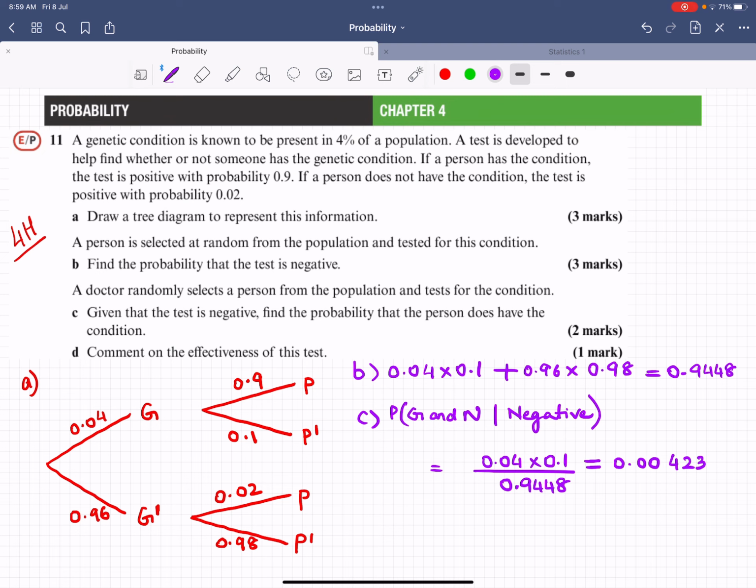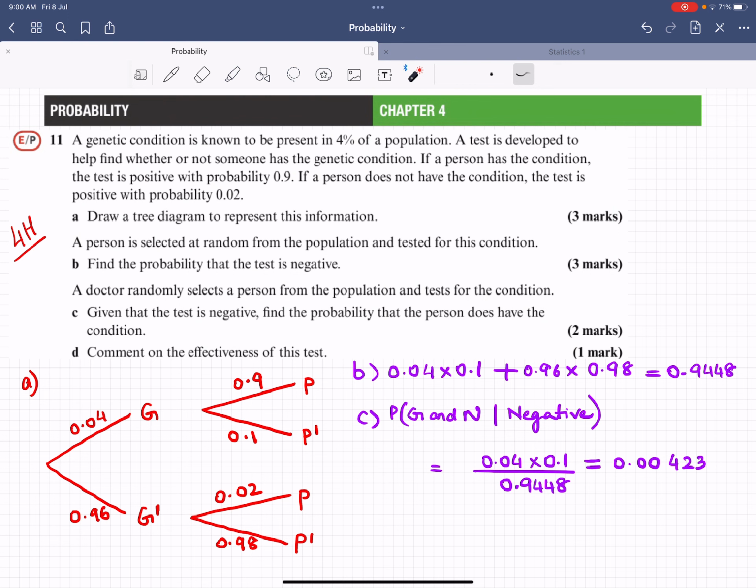Now for D, the question says comment on the effectiveness of this test. Now when we observe the test, we see that there are those who have the genetic condition, but sadly their test turned out to be negative. And at the same time, we have those who actually do not have the genetic condition and whose test turned out to be positive.